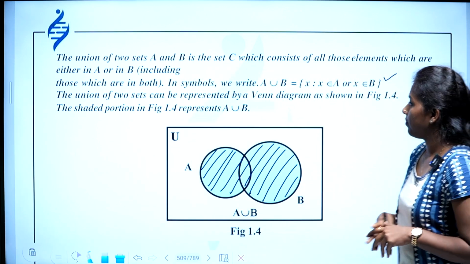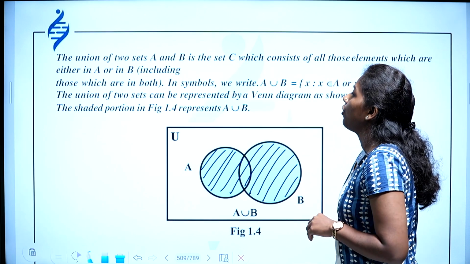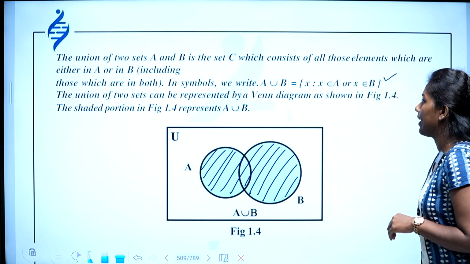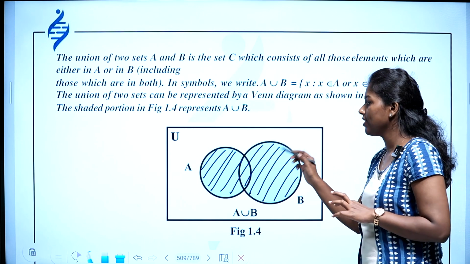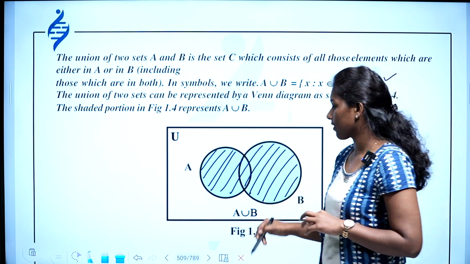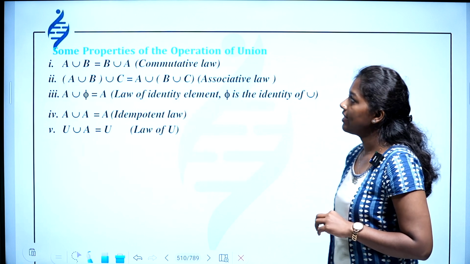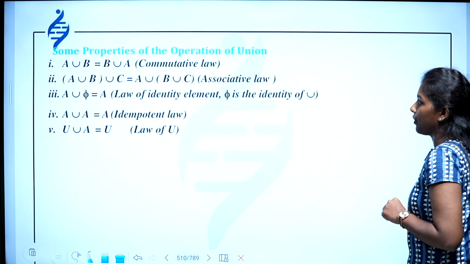Then the union of two sets can be represented by a Venn diagram, and this is our Venn diagram. The shaded portion means the region which is in blue color. Then some properties of operations of union.